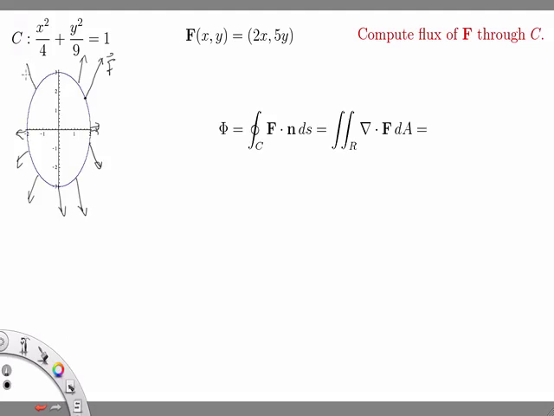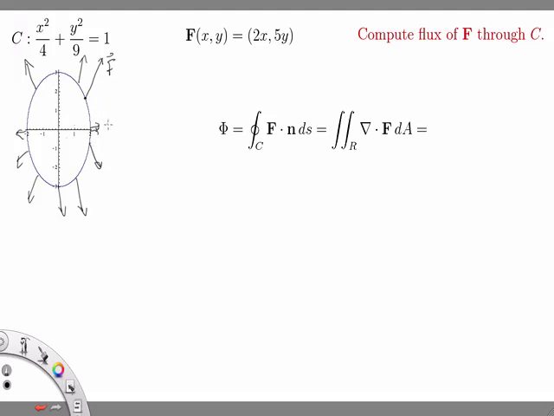So this is just a few bad drawings of some examples. So the vector field F is 2x and 5y. So in general, the vectors are sort of moving away from the origin. And in this case, what we really mean by the flux is the total amount that the vector field F is flowing through the curve C.